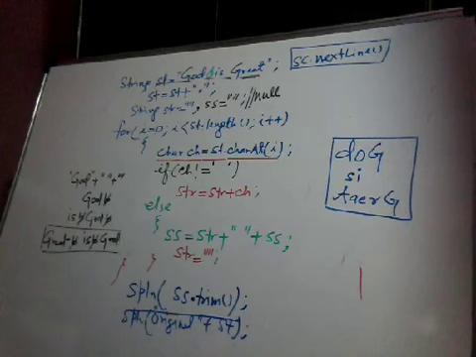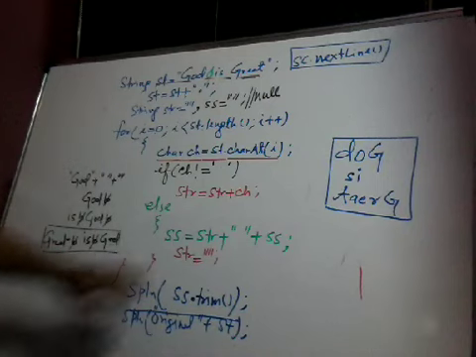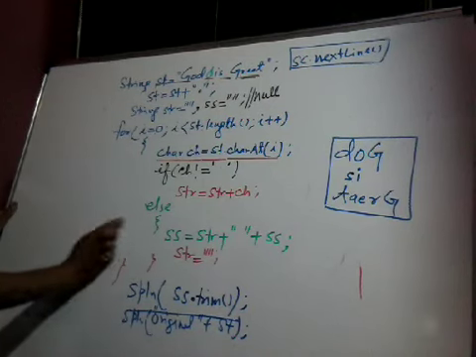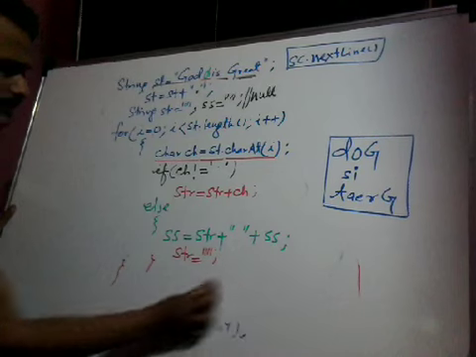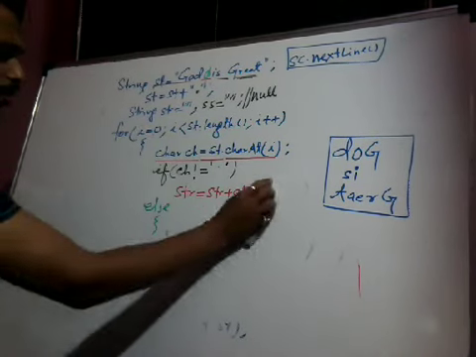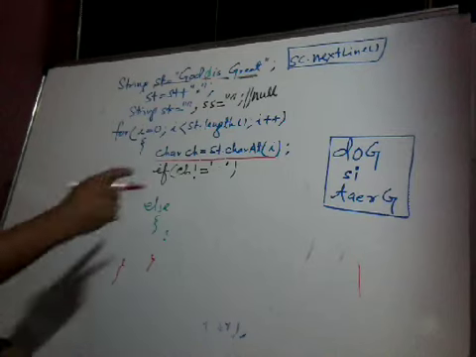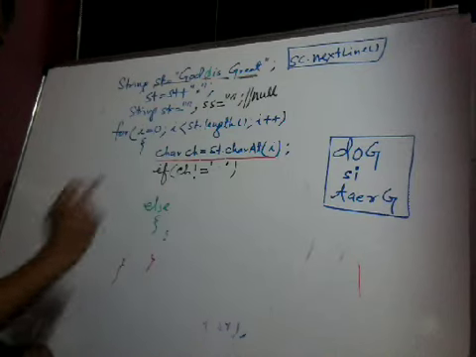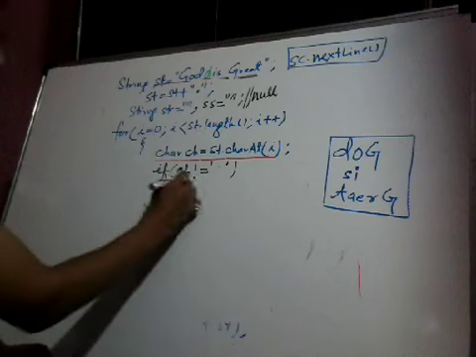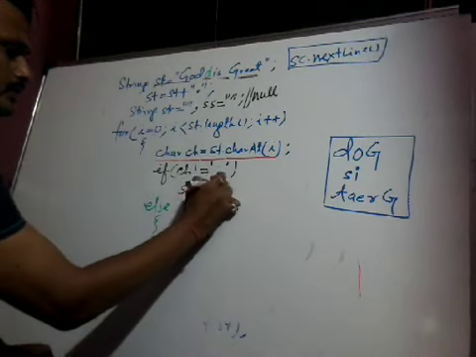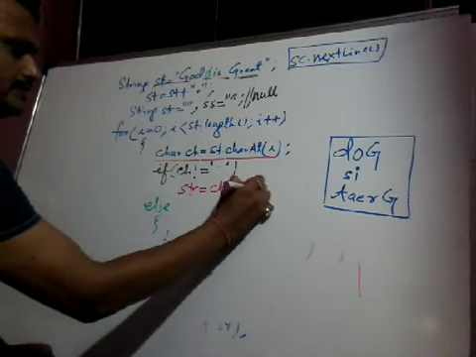Are you getting this one? Now again, same question with small changes. Just see carefully what I am doing here. Previously I wrote here str equal to str plus ch, right? Now I am writing str equal to ch plus str.